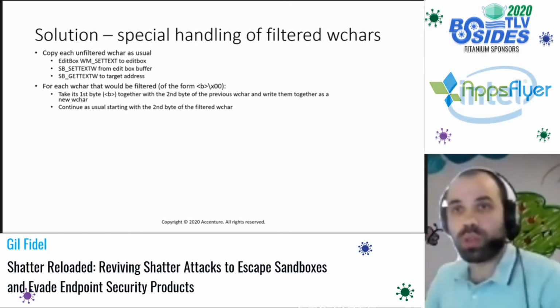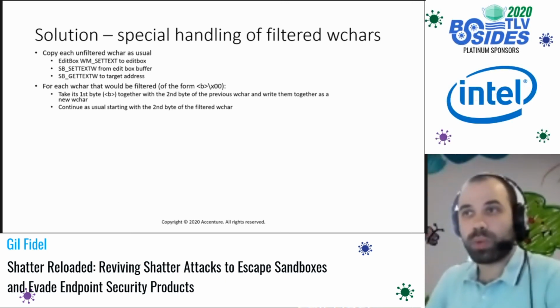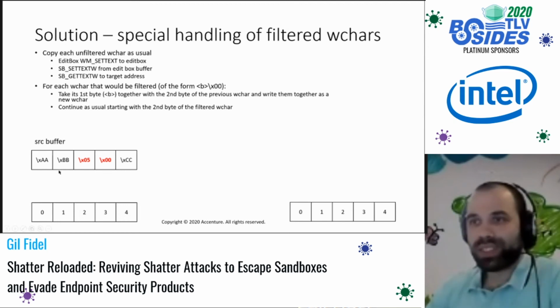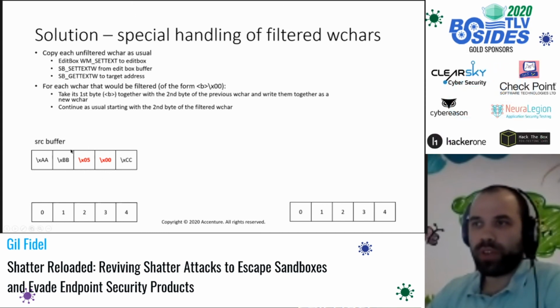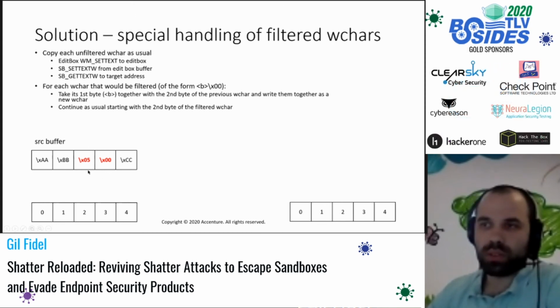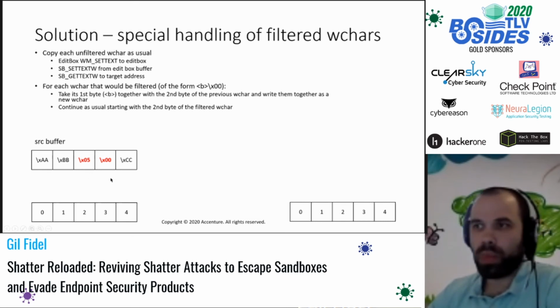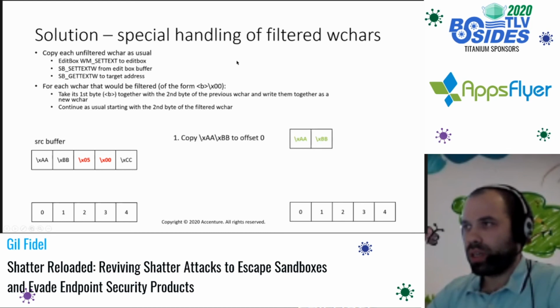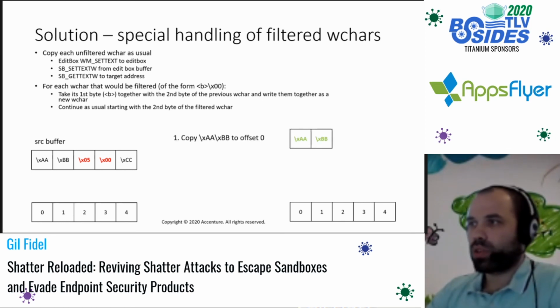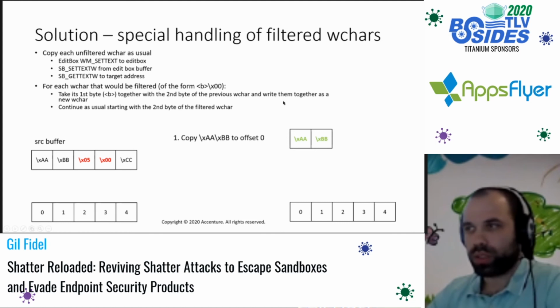Now, in order to overcome the filtering by the status bar, we did the following. Let's assume this is the source buffer we want to copy. AABB can be copied nicely, but 0500 will be sanitized to 2000, which is bad. Then CC is also fine, and so on. So we would first copy AABB to offset 0 in the target, which works.